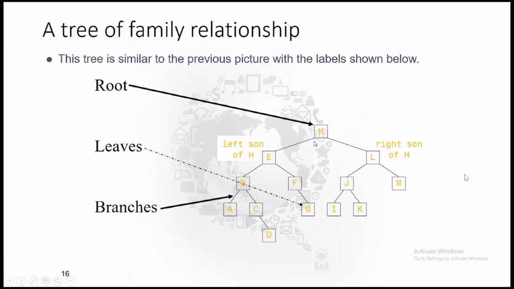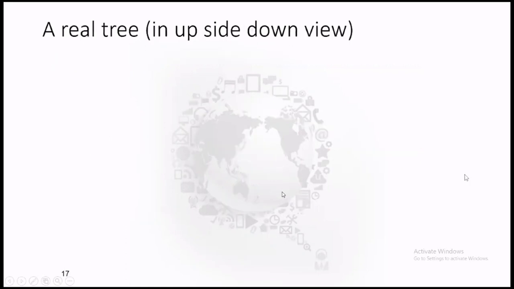So we know that H has a left son and a right son. Same, right? You have the first son, maybe the second one is a daughter, or same over here, you have branches to show where it expands to.